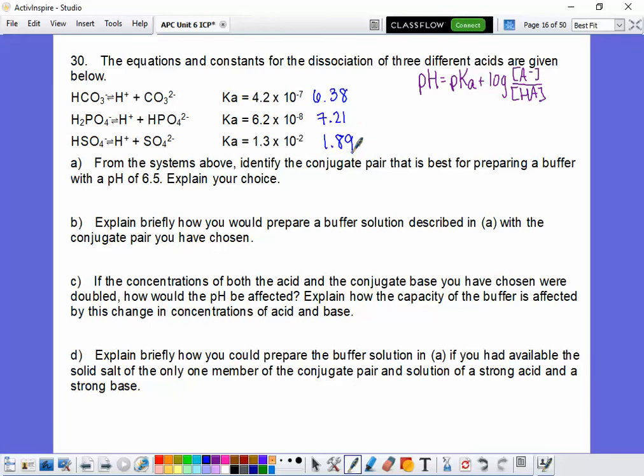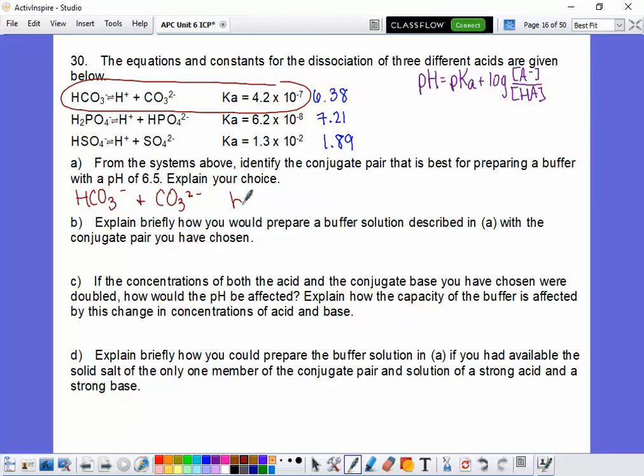1.89? Okay. So which of those systems will be the easiest to make a buffer system of a pH of 6.5? The first one. Okay, because its pKa is closest to our target pH. So our conjugate pair is going to be HCO3 minus and CO3 2 minus.